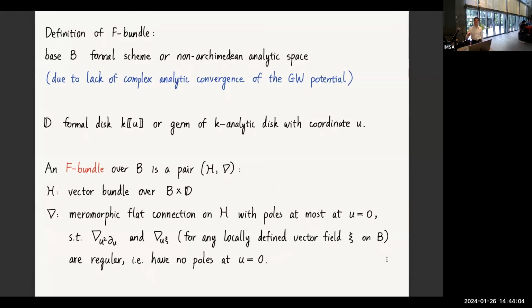So in other words, when we consider the connection in the direction U squared d/dU and the connection in the direction U psi for any vector field psi, we get regular. So second order pole in the U direction, first order pole in the B direction. And this is the definition. Any questions?